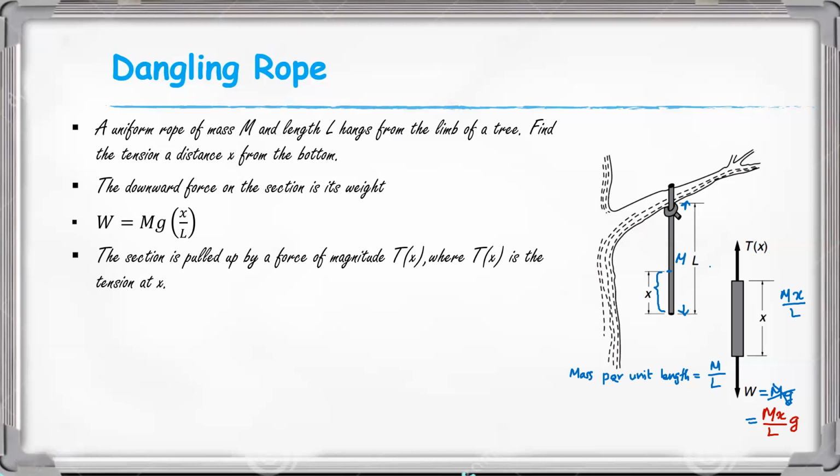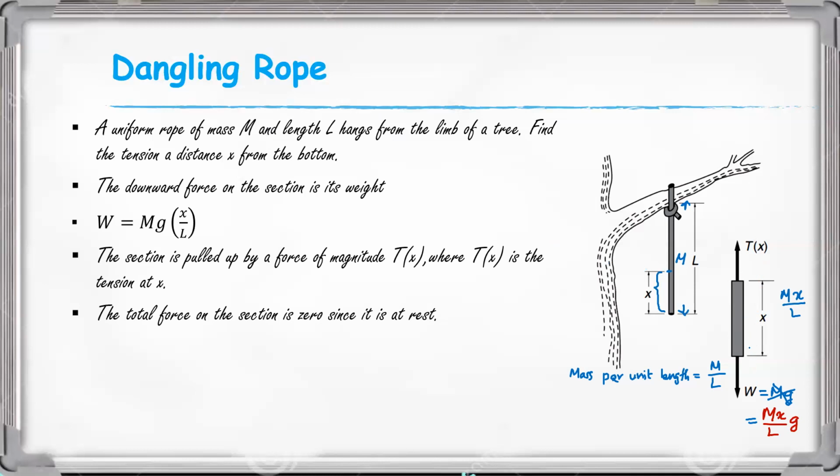And the section is pulled up by a force of magnitude T of x. It is a tension. Okay, tension at the point x is T of x. It is acting upward on the section. The total force on the section is 0 because it is at rest.